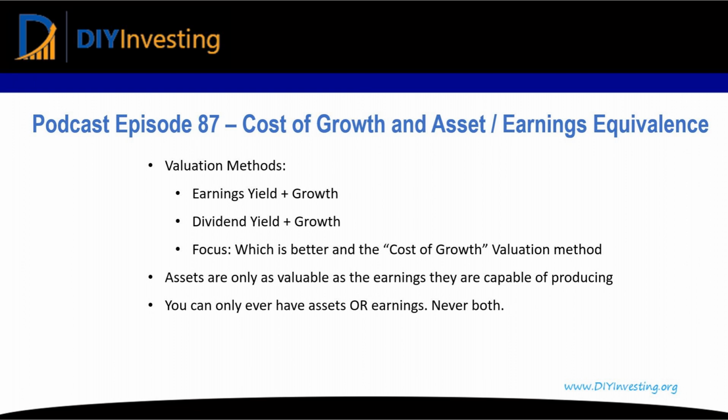But the difference here is when we take earnings yield out of the equation and instead put in dividend yield, the second retained earnings falls out. So now your return is dividend yield plus growth, or return is equal to distributions plus retained earnings times return on invested capital. So here we're taking into account the fact that the company is retaining some amount of earnings and using those earnings to grow.